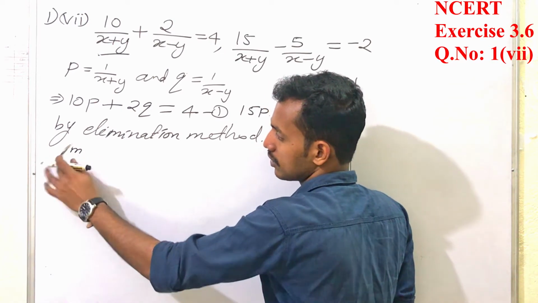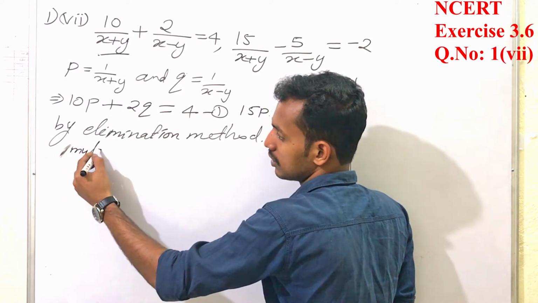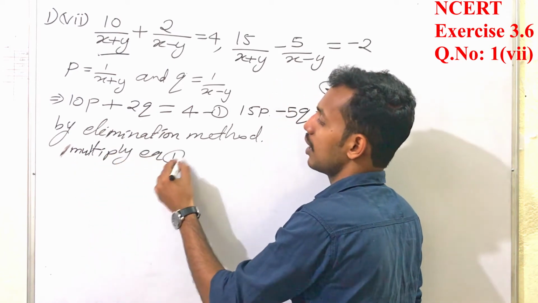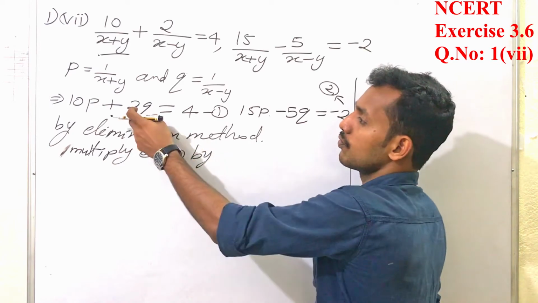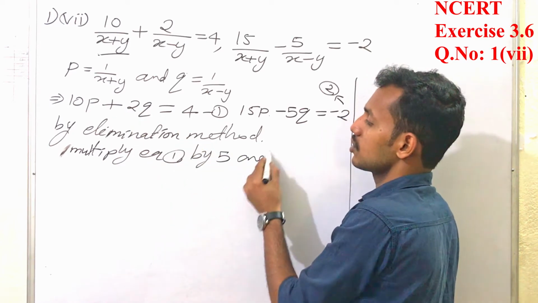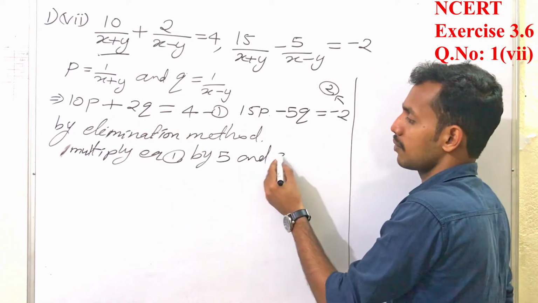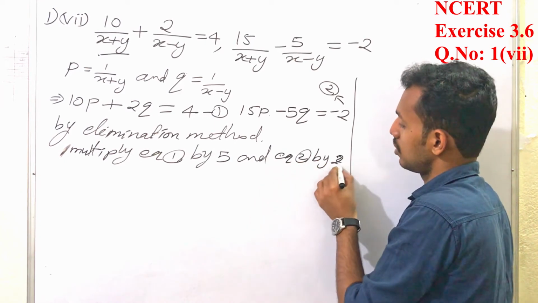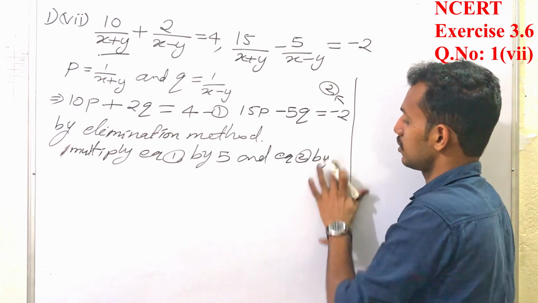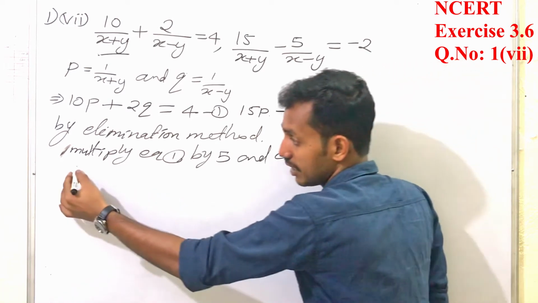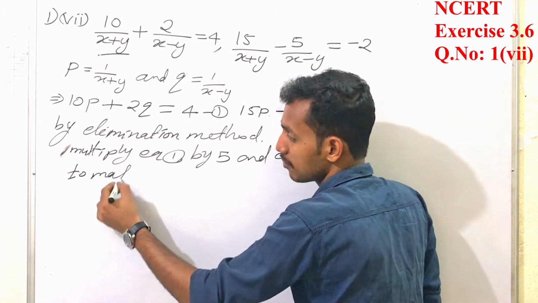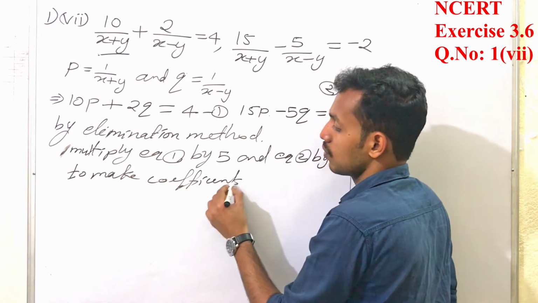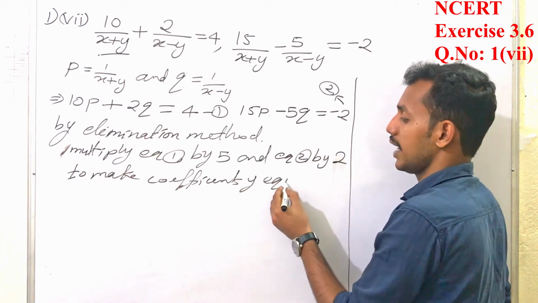Multiply equation 1 by 5 and equation 2 by 2, to make the coefficient of q equal in magnitude.